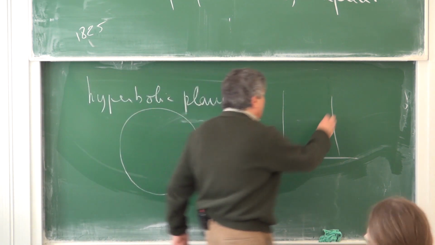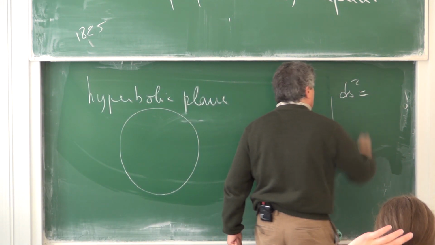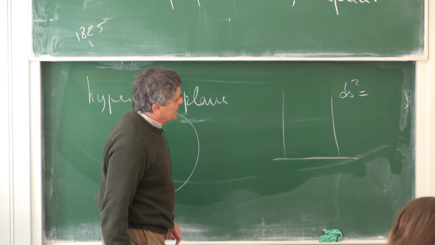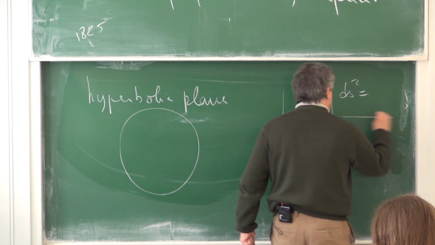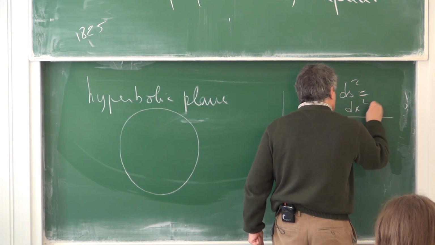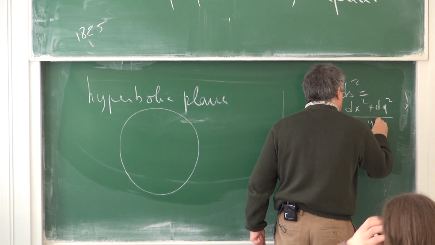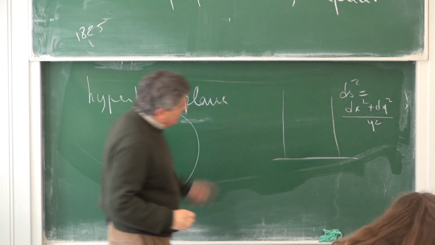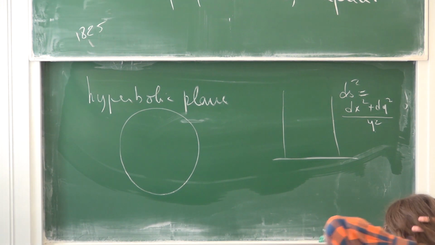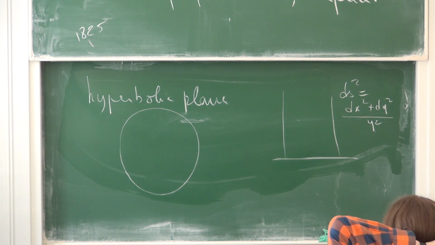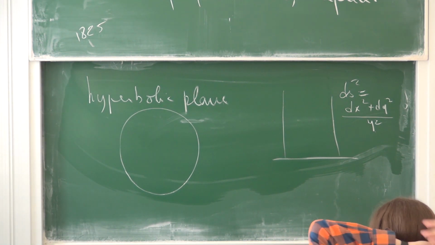If you want, here we have the length element given by dx squared plus dy squared divided by y squared. This is important, it's easier to do computations when you work with this.